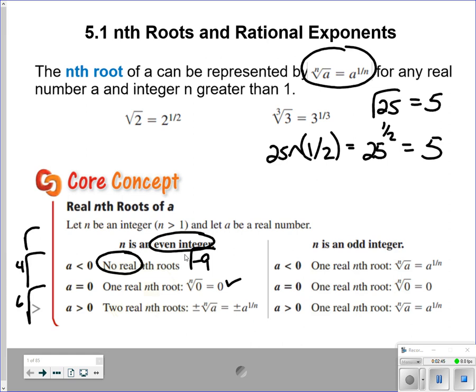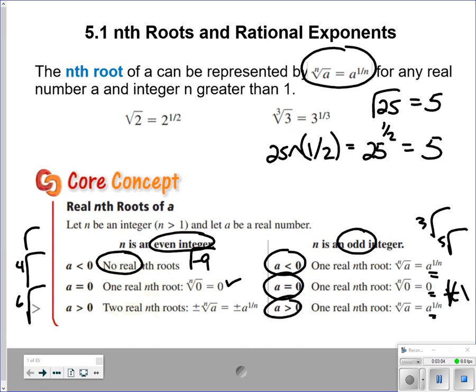Now, if it's an odd root, so you're talking about a cube root or a fifth root, there's always only going to be one answer. You can take an odd root of a negative, the odd root of 0, and the odd root of a positive, but there will always only be one answer when taking the odd root of both sides. So even root to both sides, 2 answers if it's positive. Odd roots, always 1.